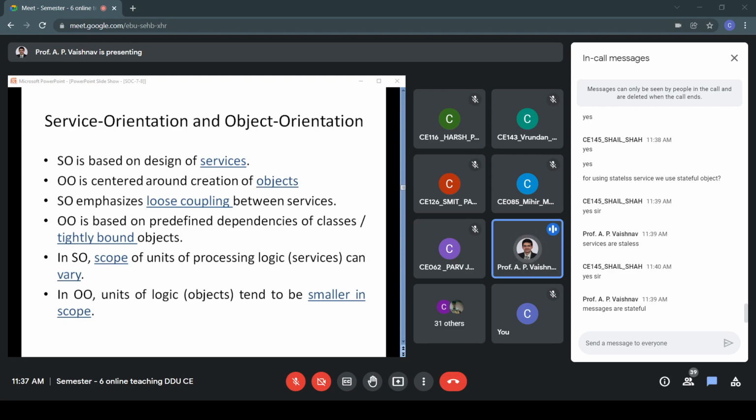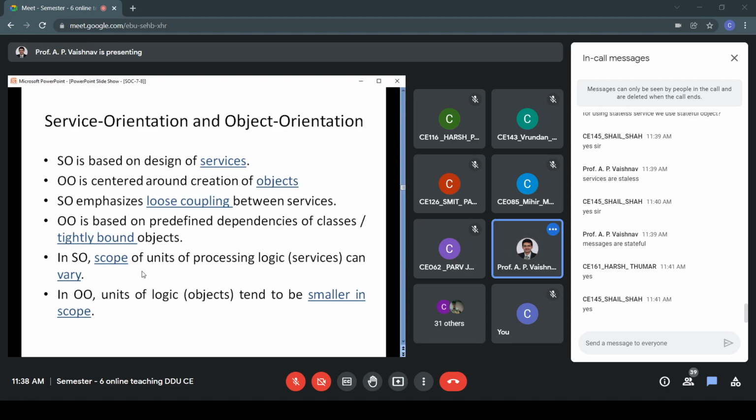In other words, when you are calling one method of another class, you are actually binding yourself to that class. Let us say the customer class is invoking a method of the order class. So you are binding yourself to the order, isn't it? And the same we draw in the class diagram. So it is altogether different, but still we are able to achieve loose coupling. That is a contradiction.